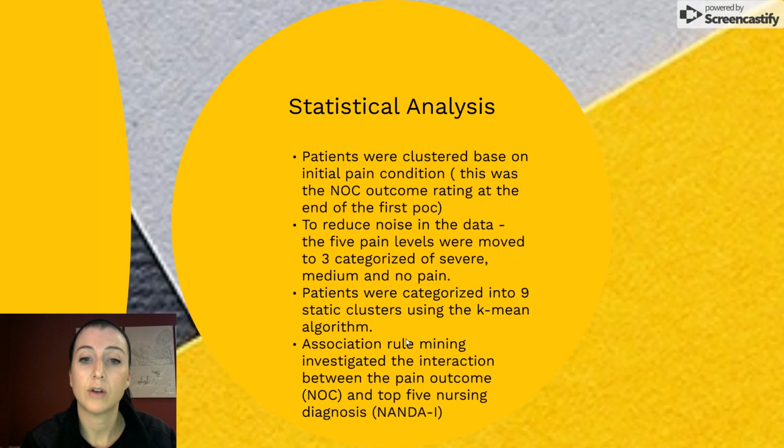Patients were then categorized into 9 static clusters using the K-means algorithm. And lastly, association rule mining investigated the interaction between the pain outcome, which was the NOC, and the top 5 nursing diagnoses, which was the NANDA.